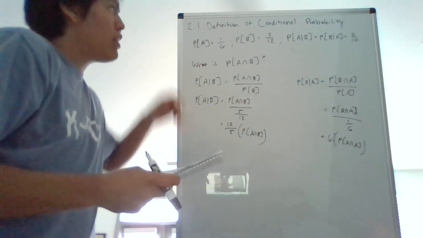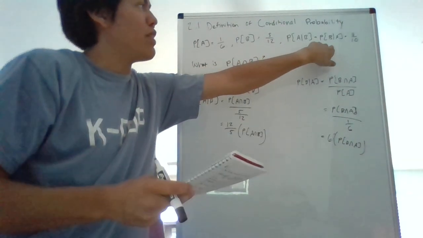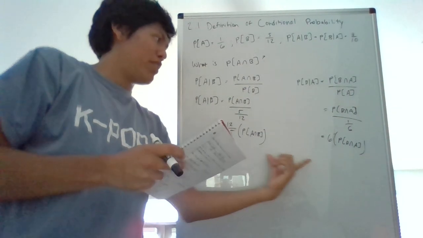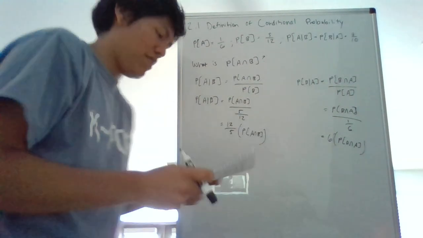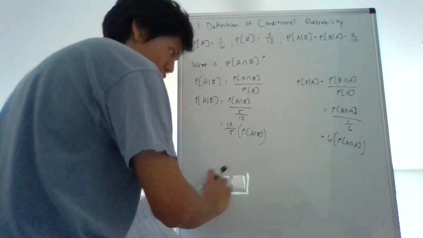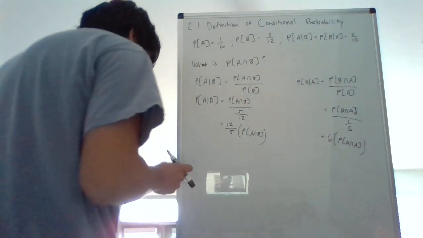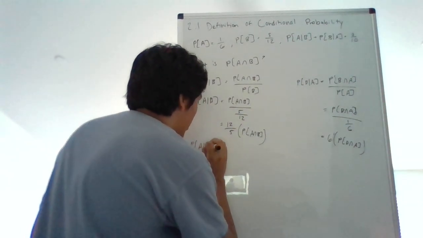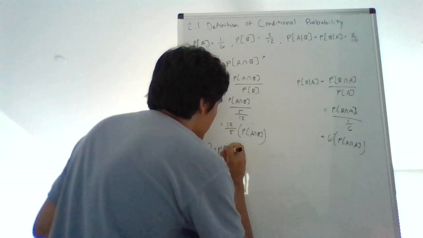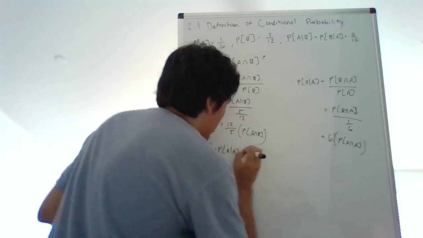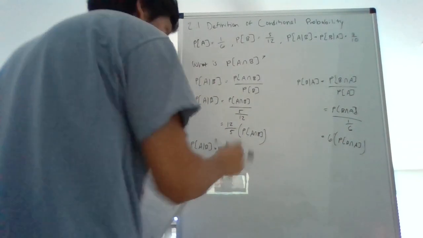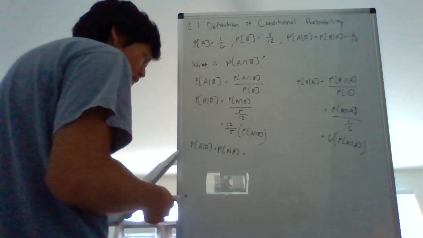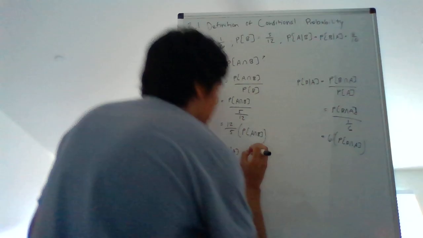Now we can use this third thing that they gave us and plug these in, and what we get is this. We have that the probability of A given B plus the probability of B given A is equal to 7/10.